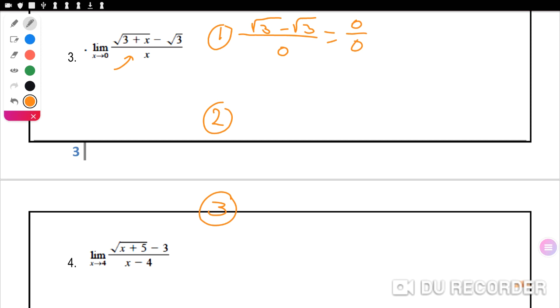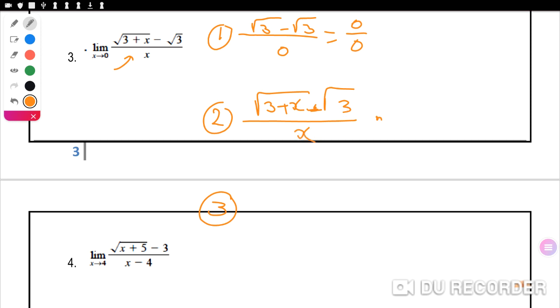Okay, I need to rationalize since the numerator is not a polynomial. How to rationalize here? By multiplying the rational function by the conjugate of the expression which is not a polynomial, which is in the numerator.